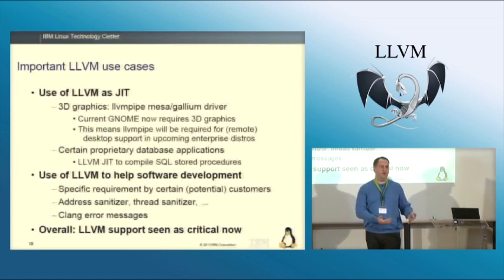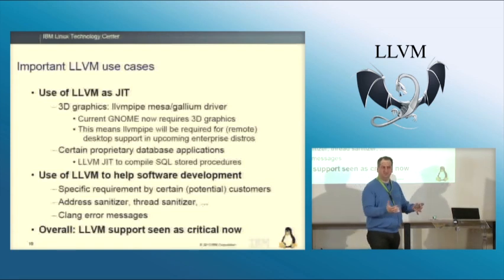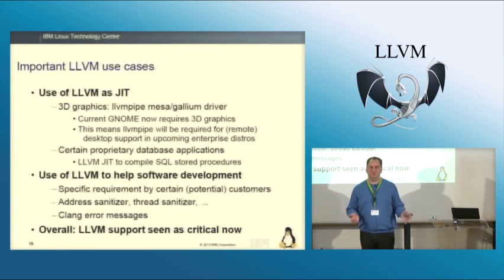But now GNOME made the decision that they don't want to support the old 2D desktop anymore. They only now have the newfangled 3D desktop, which is nice, I guess. But if you don't have a 3D accelerated graphics card, there's a problem. And the problem is solved by using a software implementation as fallback.